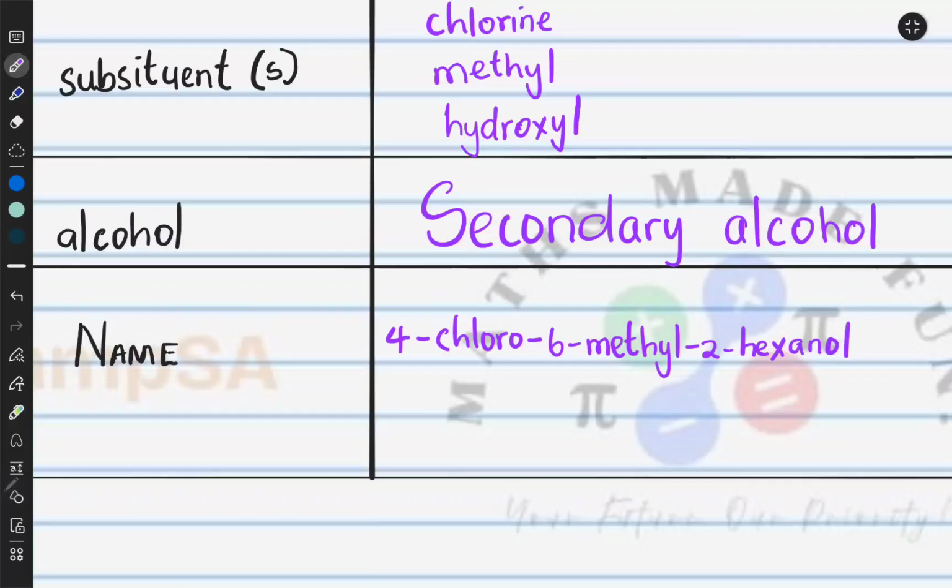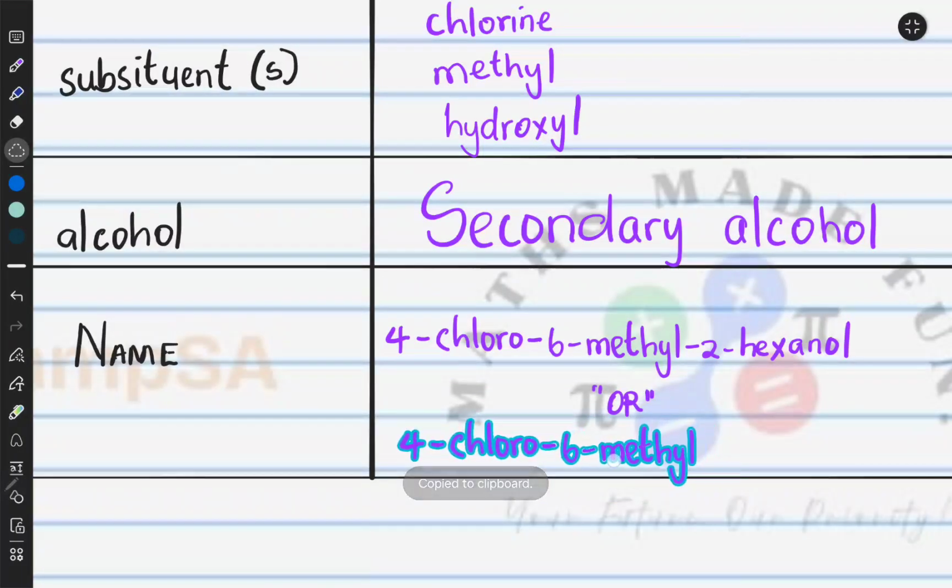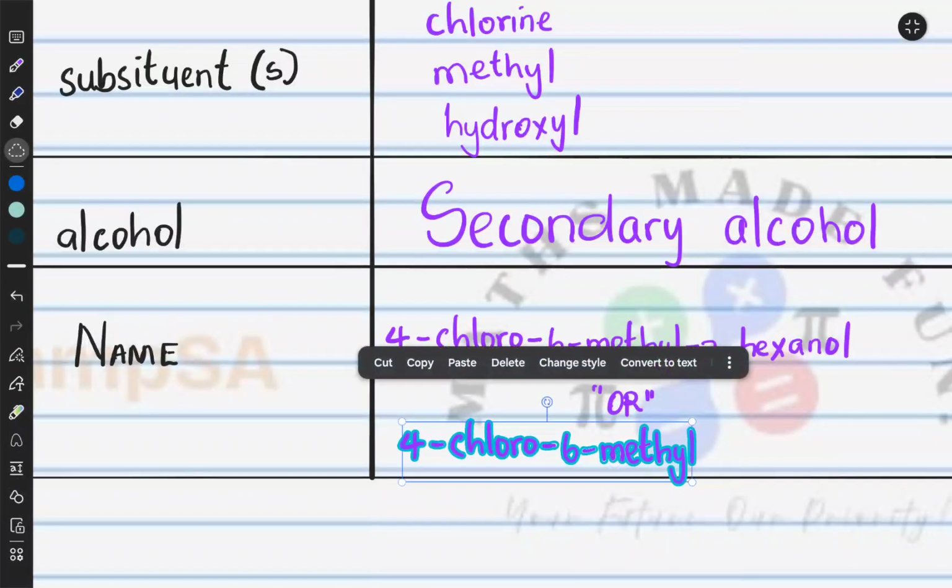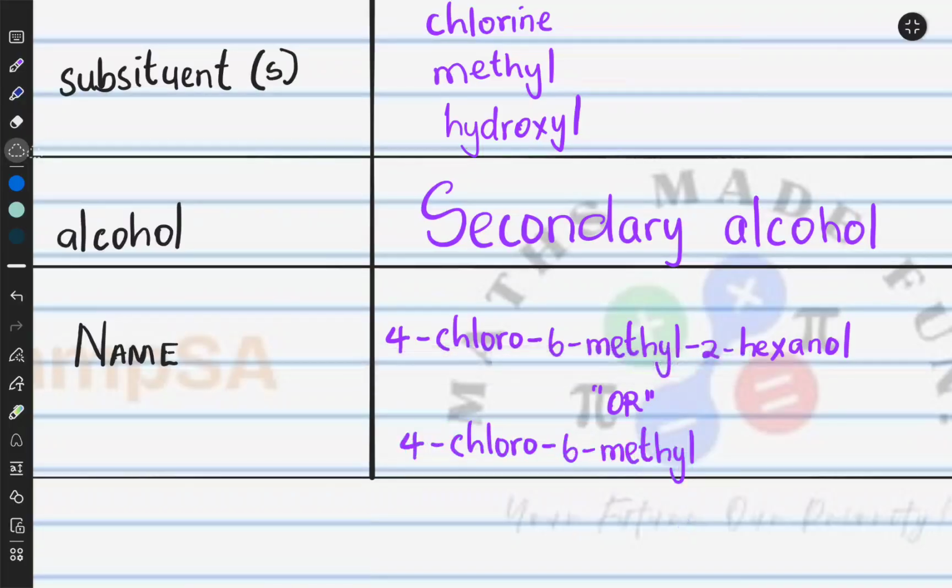So it's easy to say hexanol because there's only one hydroxyl group. If there were 2 or 3, we would use hexandiol or hexantriol. So we can say 4 chloro, 6 methyl hexan 2 ol.